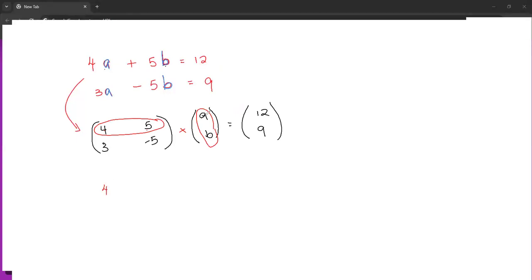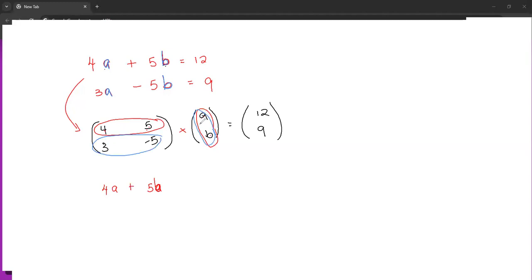So first times the first plus the second times the second. And once you finish with that one, it's going to be the next row by the column.